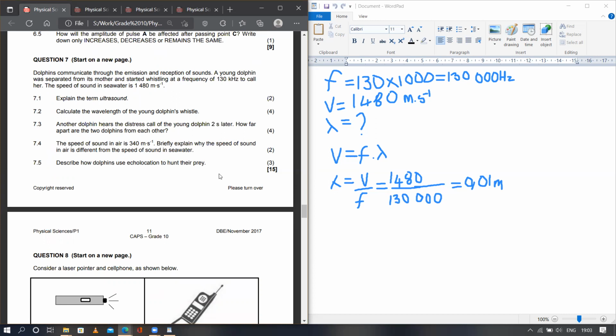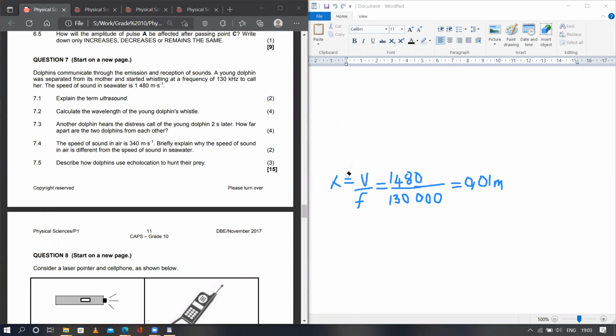They say another dolphin hears the distress call of the young dolphin 2 seconds later. How far apart are the two dolphins from each other? We know the speed of sound and we know the time it takes, so now what we have to find is the distance.